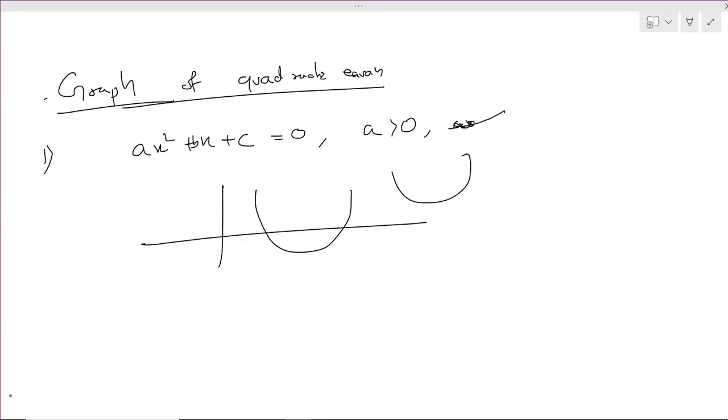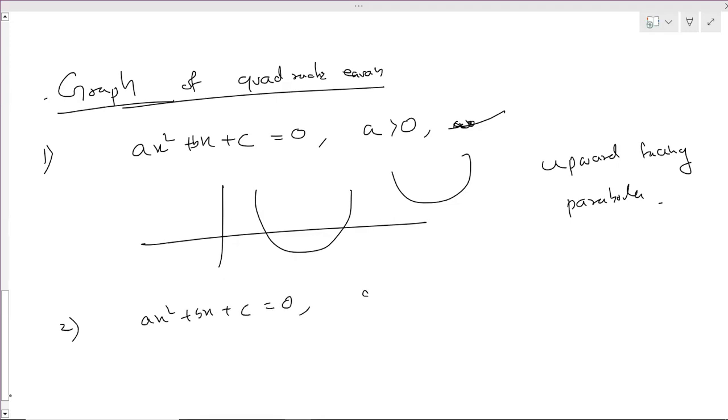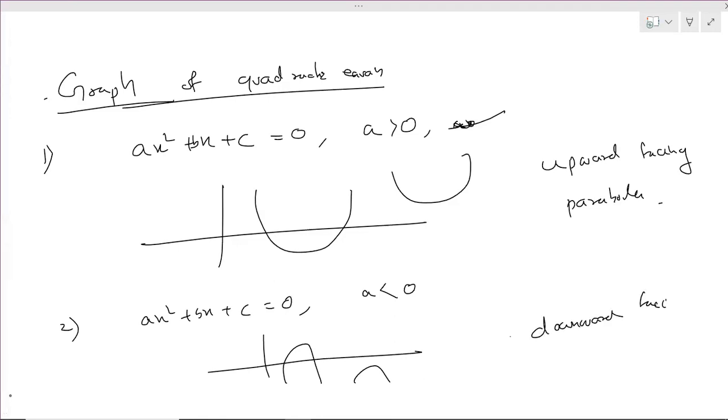If a is less than 0, then this will be a downward facing parabola.